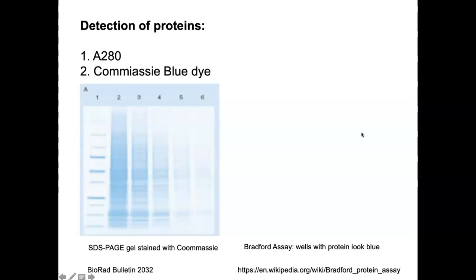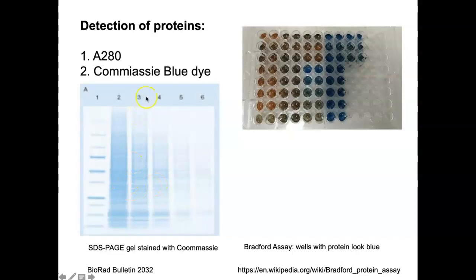Okay. All right. So in addition to A280, you can also just stain proteins with a dye, and Coomassie Blue is a dye that stains proteins really well. So when you start with a clear gel, if you stain it, you'll see blue bands, right? And this Coomassie Blue dye can also be used in solution. So this is a 96-well plate, so when you have a lot of samples, you can often use that to read absorbance of many samples all at once.